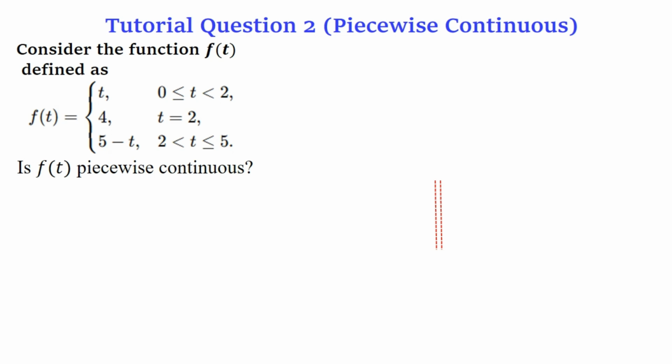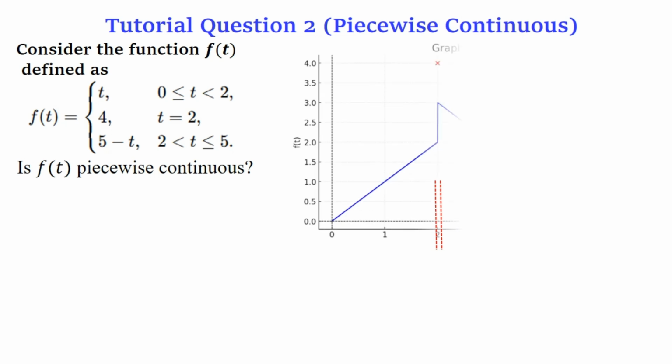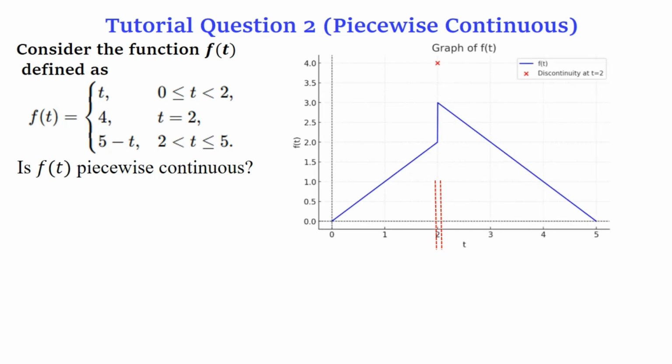This is telling us that something is happening there. At t equals 2, something is indeed happening, but we are not to judge by that. Let's try to plot the graph. Looking at the graph, within 0 and 2 the function is increasing, like this.